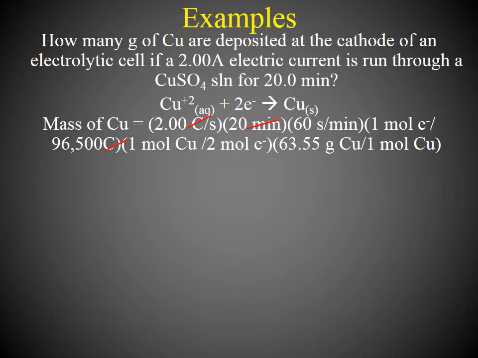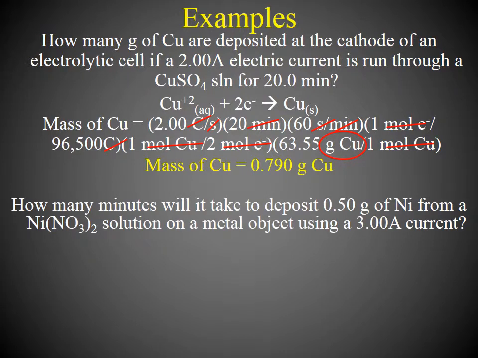Now, canceling out all the units as needed, I am left with grams, which is what I need. I do the calculation and I get that the grams of copper deposited at the cathode are 0.790 grams.